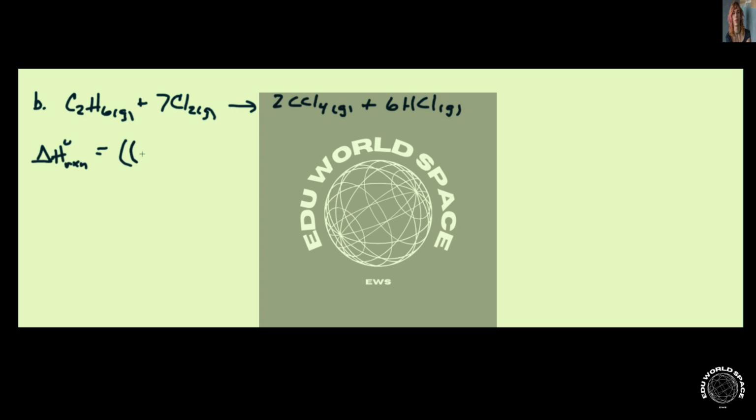So we have 2 CCl4s, and that delta H is negative 106.7 kilojoules. We sum it up, so we add our 6 HCl's, and the delta H for those is negative 92.3 kilojoules. Those are our products. So now we're going to subtract the sum of our reactants.